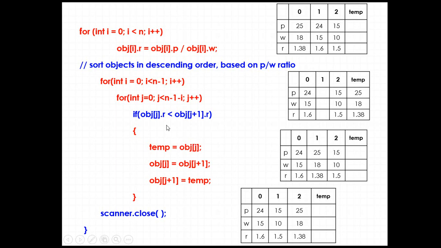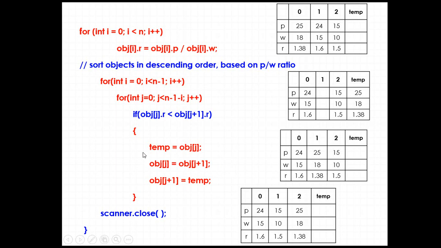The 0th object ratio value is less than the first object ratio value, so temp will have the 0th object values, that is 25, 18 and 1.38, placed in temp. Next, the first object values are going to be stored in the 0th object. The first object values are placed in the 0th object. Next, from temp we have placed the result back in the first object. That is the swapping we have done over here. I've just shown it for only one swap.